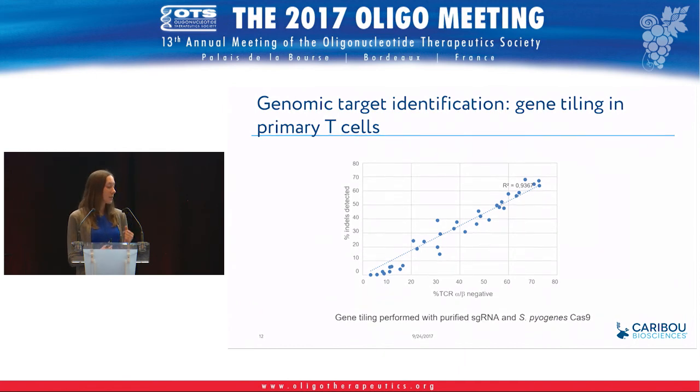And so in this particular case, we're able to see a pretty standard distribution, some guides that are really excellent, some guides that are pretty terrible, and a bunch in the middle. But what's also really satisfying is that there's a very good correlation in this case between high efficiency editors and high efficiency loss of TCR expression, which is what we're aiming to achieve in this.